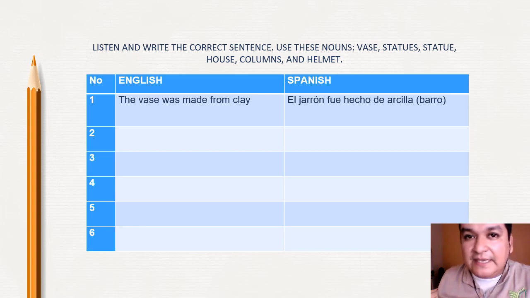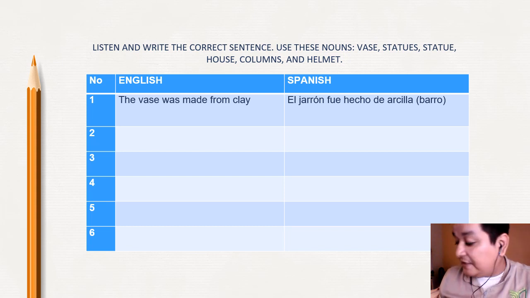The house is made of stone. 5. The columns are made of marble. 6. The helmet is made of metal.